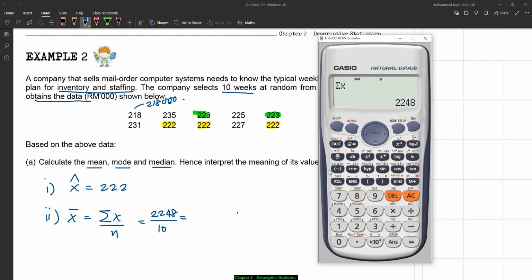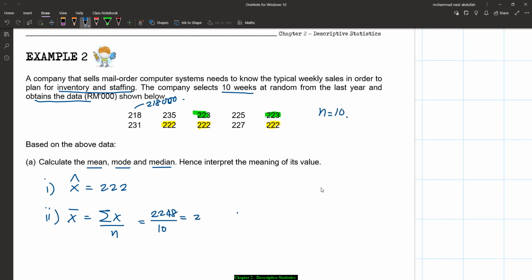So even though you can use the calculator to find the mean instantly, 224.8, right? I still require you to put the individual values. So each value will carry 0.5 marks. This is 1 mark.